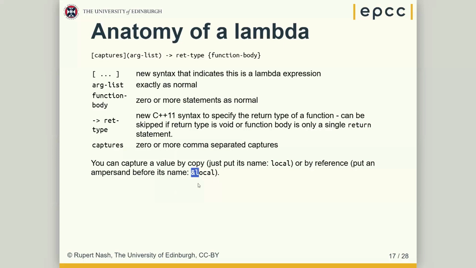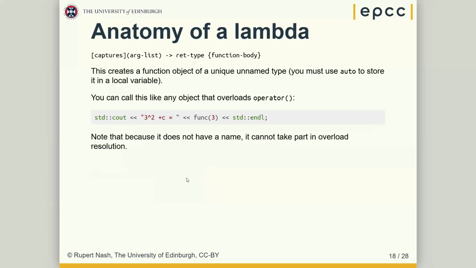There is some global capturing logic as well that we won't go into that has some risks associated with it. But these are things to really think about: how you capture and what data you're capturing. So this creates a function object.